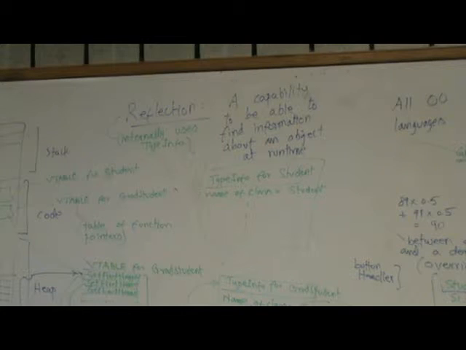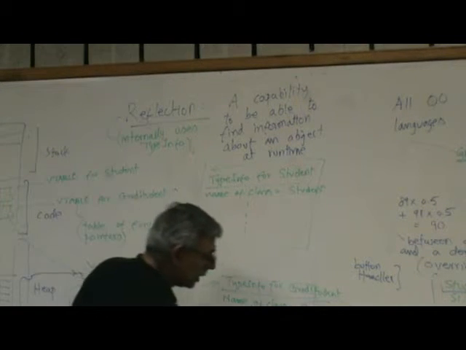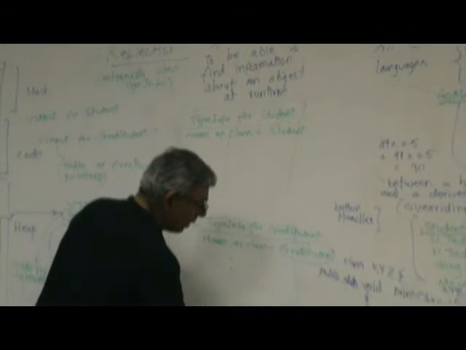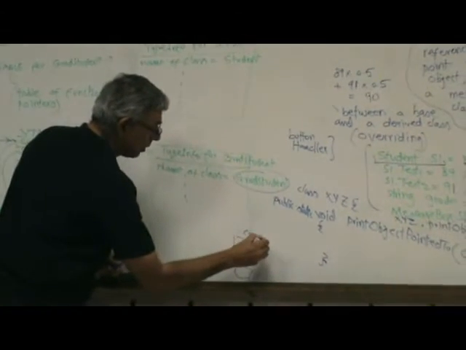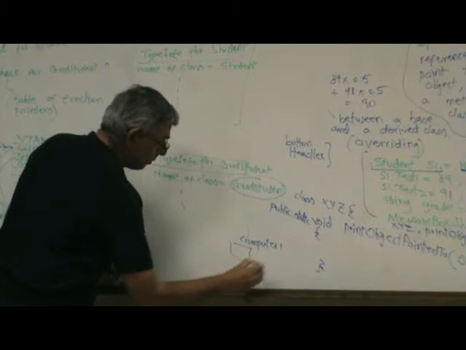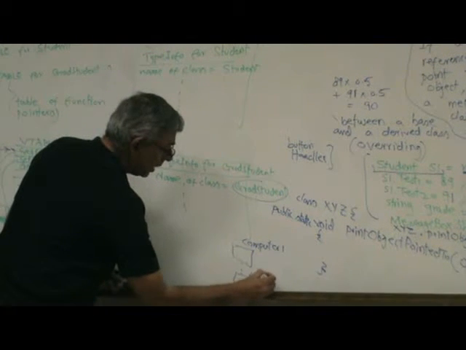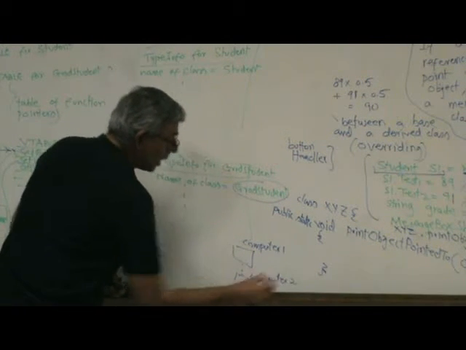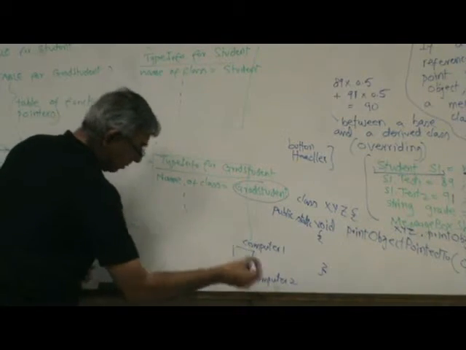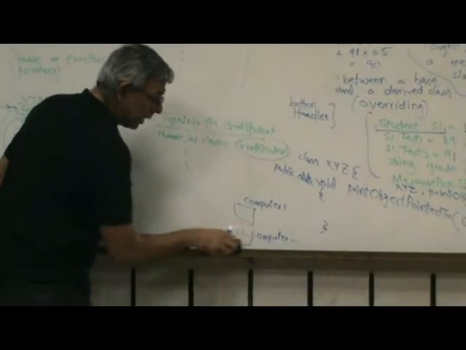Further, as we keep going in this class, towards the end of the class I will show you, using reflection, we can create very powerful code implementations. For example, let's say we have a lot of computers available over here. So this is computer 1, computer 2, or computer N over here, right?